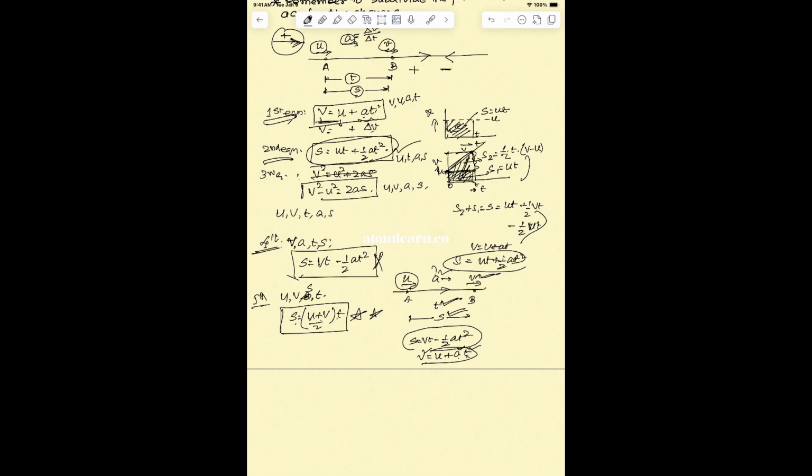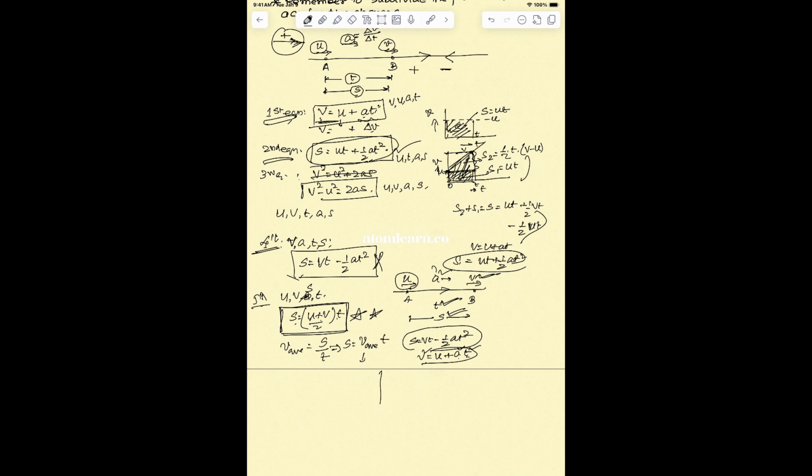Now there is a certain amount of conceptual logic in this fifth equation. Let us just recall what is meant by average velocity. Average velocity is total displacement by total time. Now total displacement by total time is V average. Therefore this can be written S is equal to V average times T. Now, what is V average?